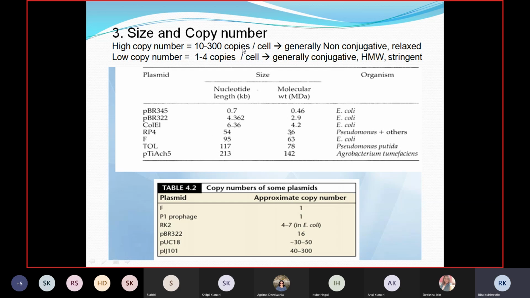When we talk in terms of more production of a protein, then you prefer plasmids which have high copy number, because with more copies, more transcript is being made, and ultimately more protein is being made. So in all scenarios, do you prefer a very high copy number plasmid?